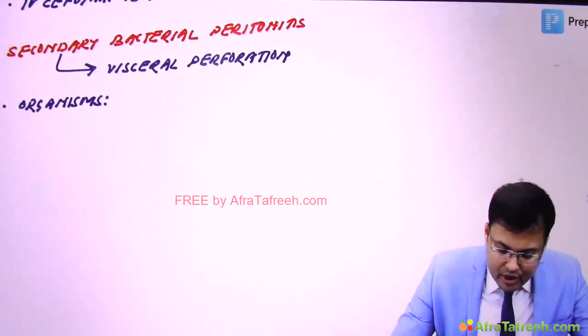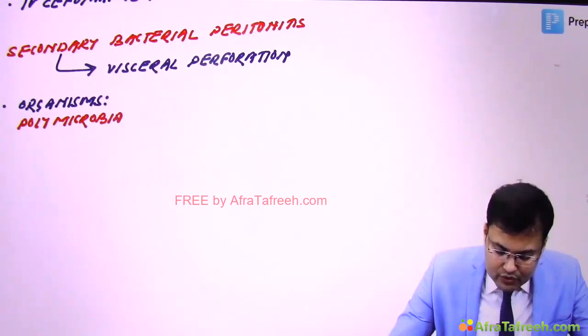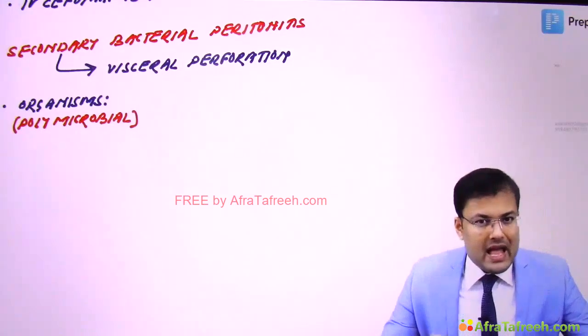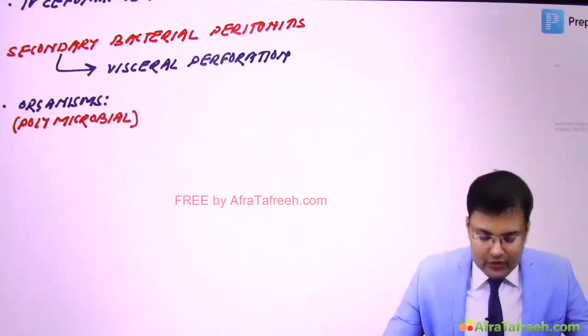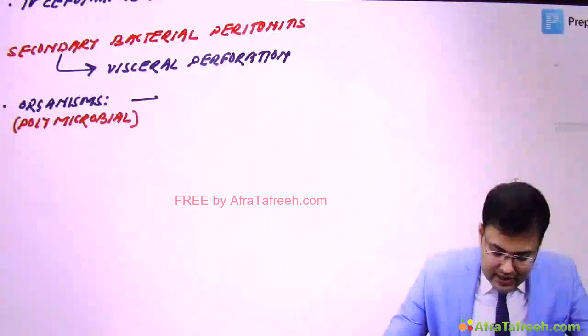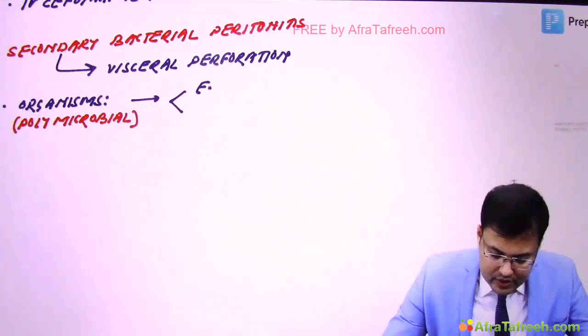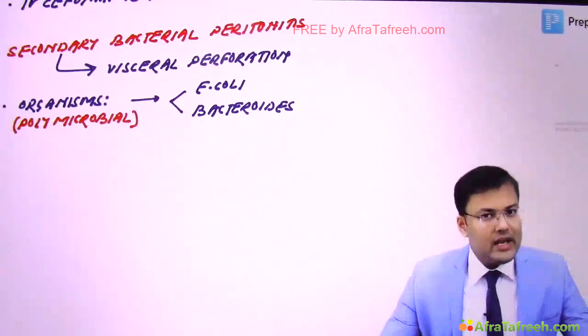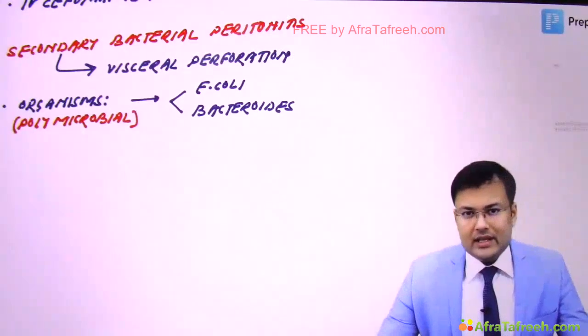Since it's polymicrobial, the questions asked are: what is the most common aerobe responsible and the most common anaerobe isolated? So the organisms are E. coli and Bacteroides. E. coli is an aerobe, Bacteroides is an anaerobe.